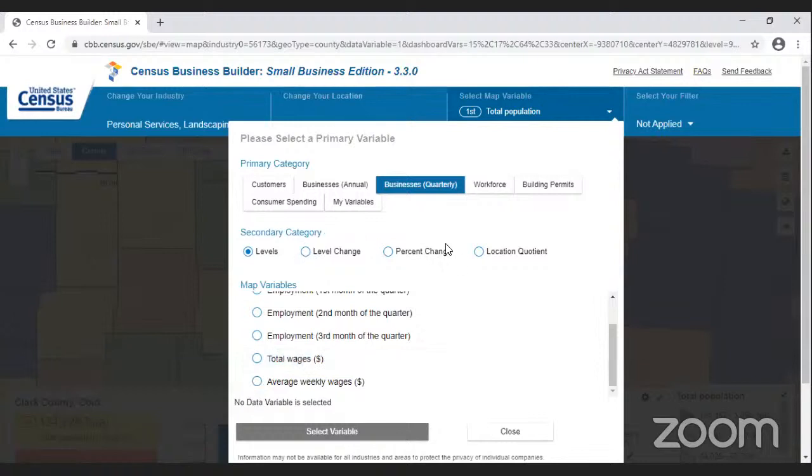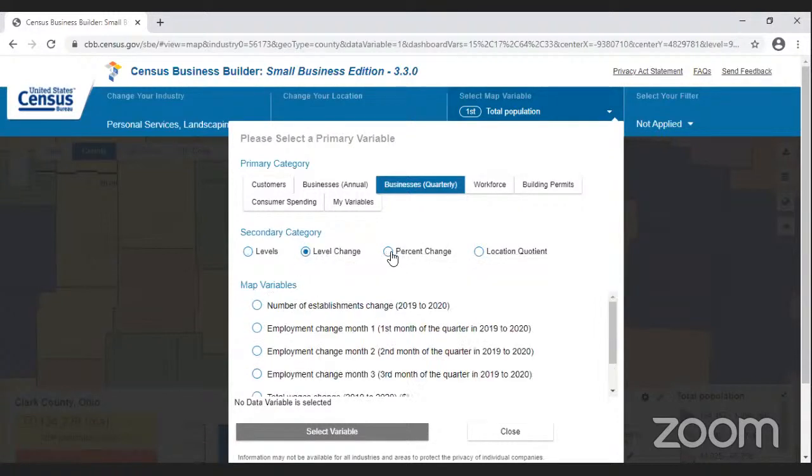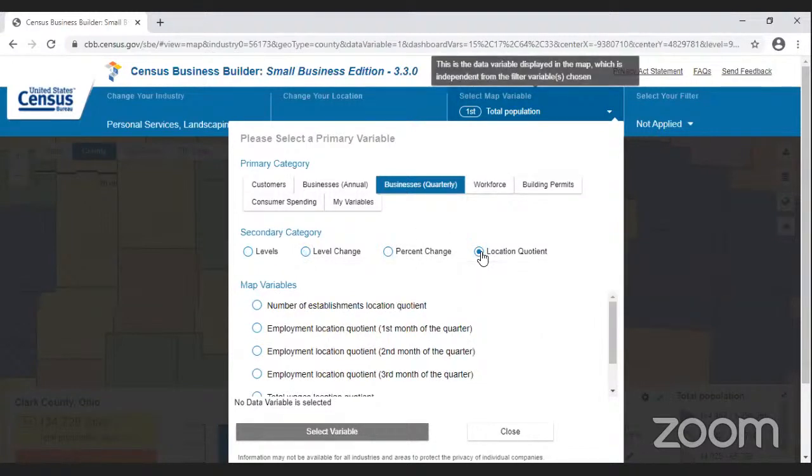And you can look at different things for the businesses: the change, percent change, and the location quotient. Location quotient basically measures a region's industrial specialization relative to a larger geographical unit. So if it was a location quotient of 1, in something like mining, it means that the region and the nation are equally specialized in mining. That's what that tells you.